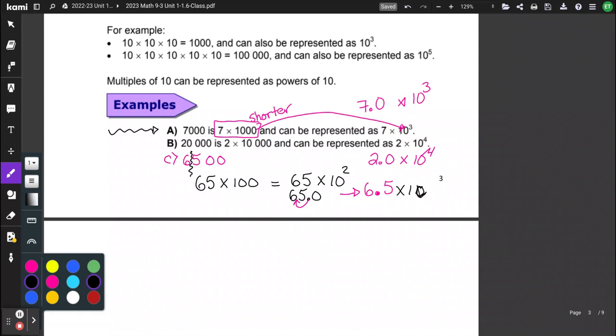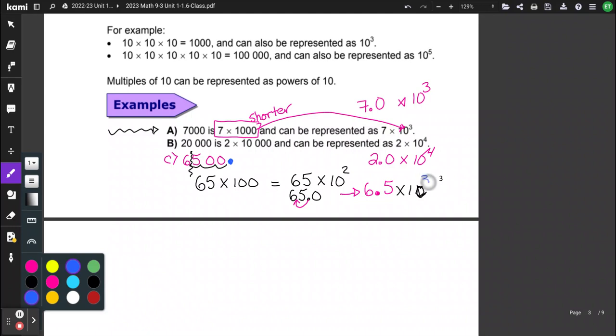My original question, if I were to move my decimal to the end, because right now, where does your decimal start? If you don't see one, it's hiding, and it's going to hide on the end on the right. And I need to move it in between the 6 and the 5. So how many places did I have to move it? I had to move it 3 to the left. So the number of places you move it is the exponent.